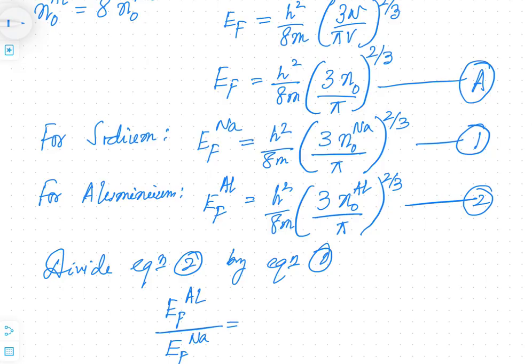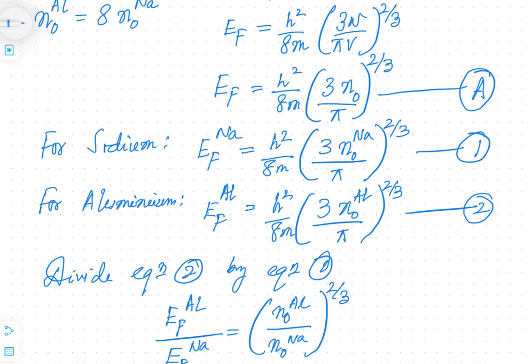So we are left with Fermi energy of aluminium by Fermi energy of sodium is equal to number density of aluminium by number density of sodium to the power of 2/3. And we already have the number density of aluminium here.